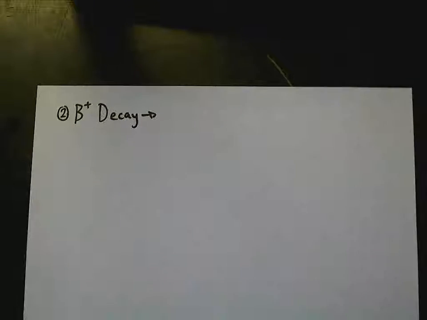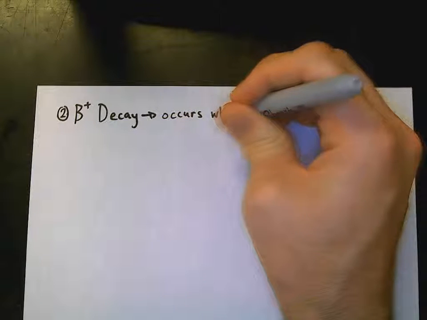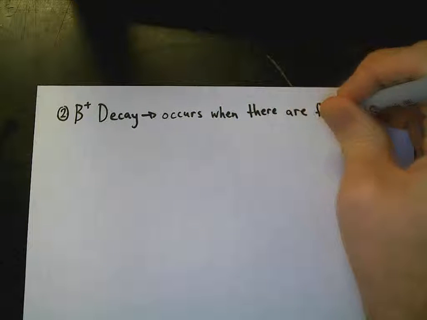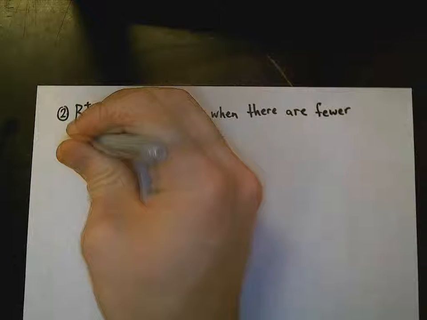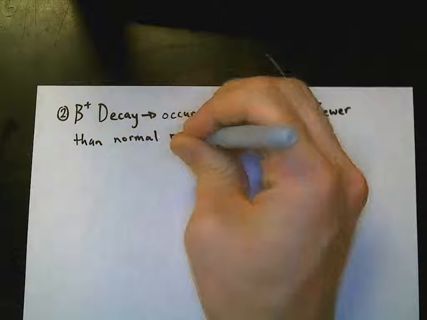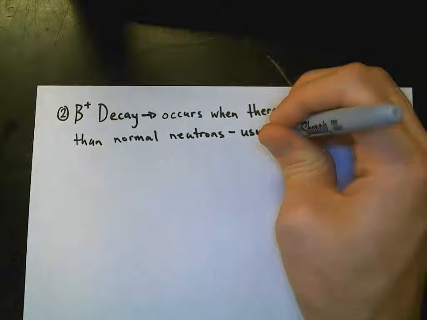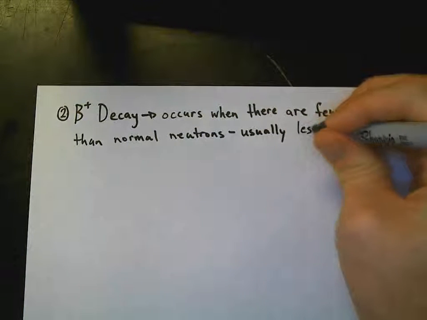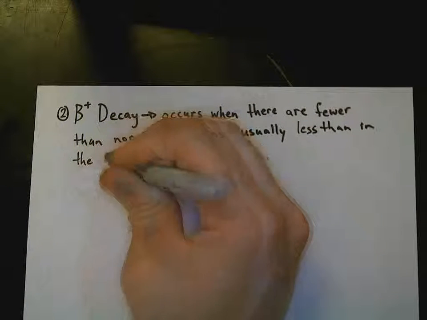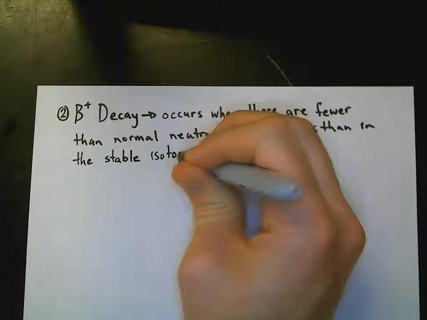In beta positive decay, this occurs when there are fewer than normal neutrons, usually less than in the stable isotopes of that element.